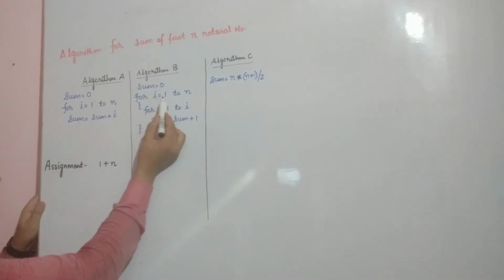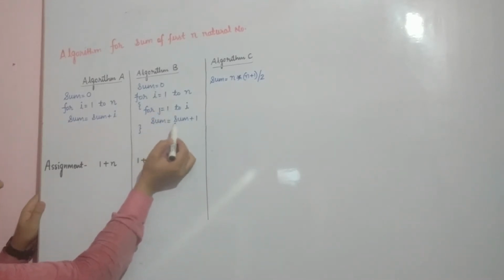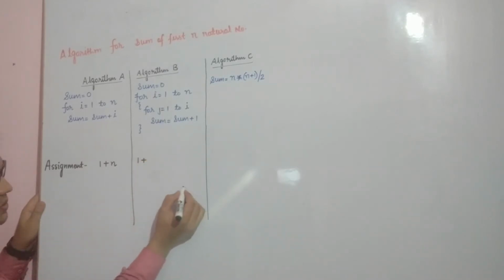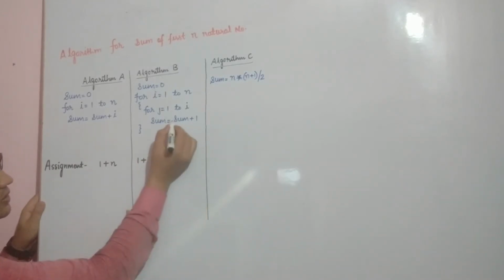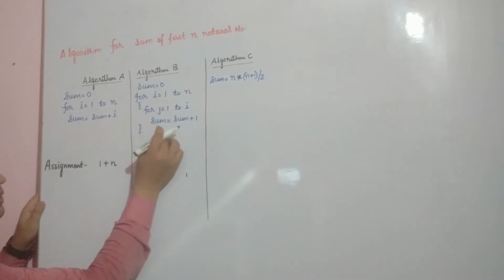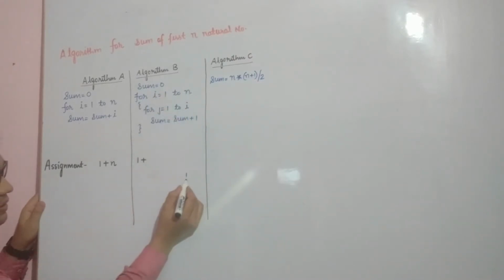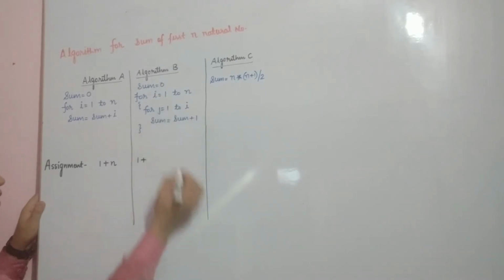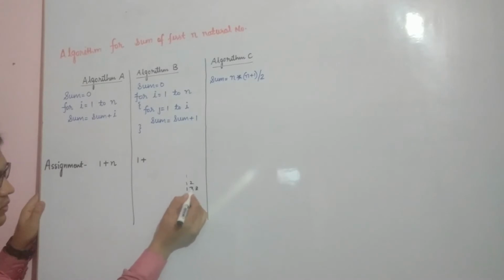So the first time, if i equals 1, then the inner loop will execute one time. So this is the first assignment, one assignment. Now whenever i equals 2, there are two assignments, 1, 1, 2 assignments. Next 3 assignments, 1, 2, 3. Next 1, 2, 3, 4.